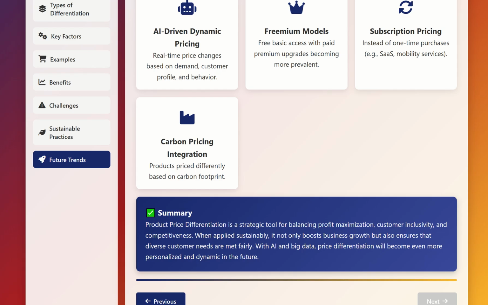And you can use future trends like AI, data-driven pricing, or premium models to help your business become more personalized and dynamic in the future.